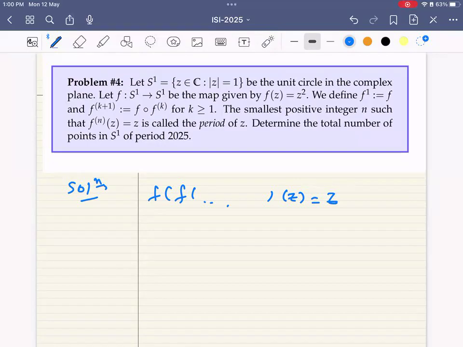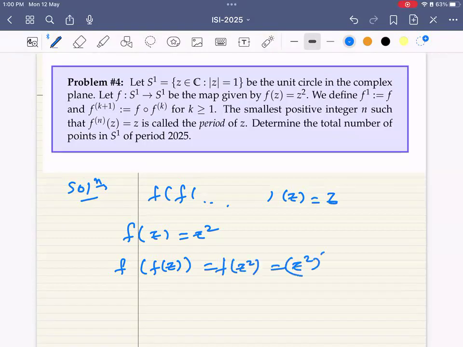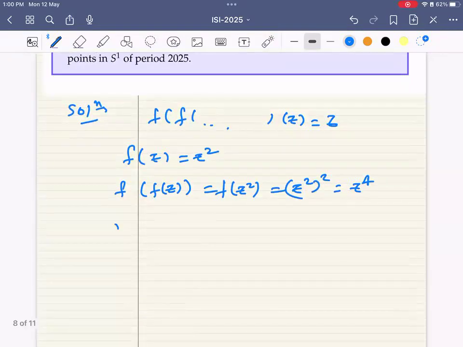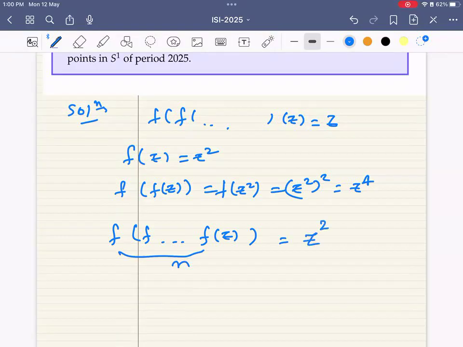So, have a look at this. If f of z is z squared, then f of f of z is f of z squared, which is z squared squared, which is z to the 4. And then you can argue using induction that f applied n times to z is z to the 2 to the n.